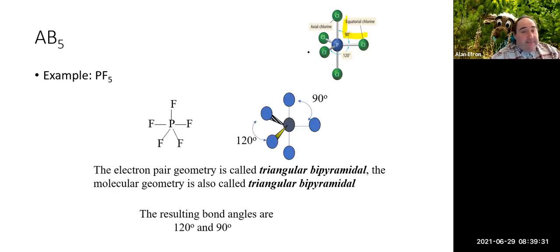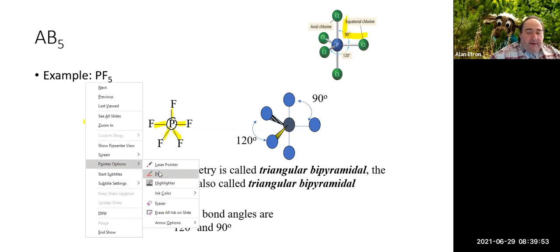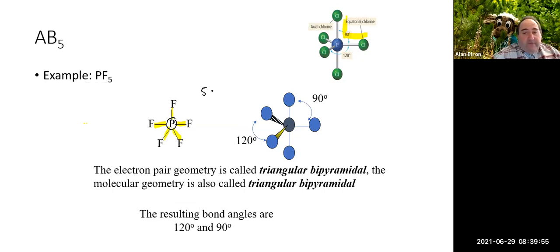Now what we're going to talk about is a situation where we have a central atom that actually has 5 bonded atoms to it. In this situation, we have our central atom. And if we count up how many electron pairs there are, 1, 2, 3, 4, and 5 electron pairs. 5 electron pairs definitely puts us over the octet rule.